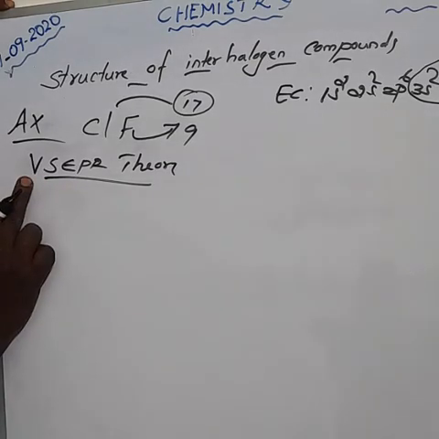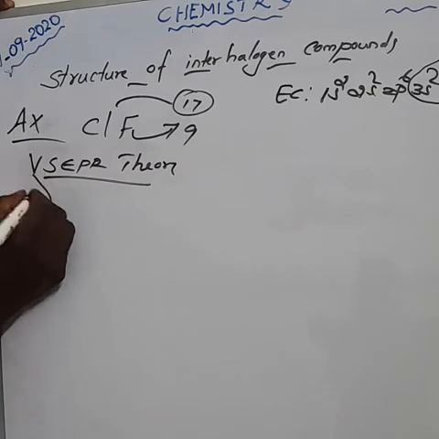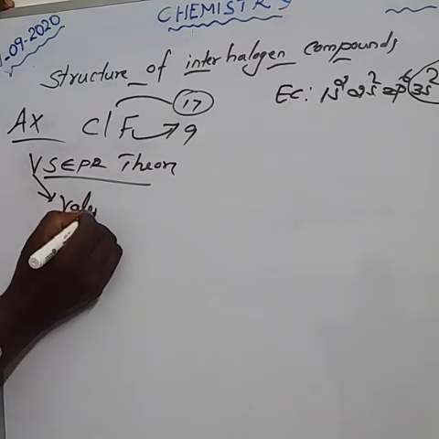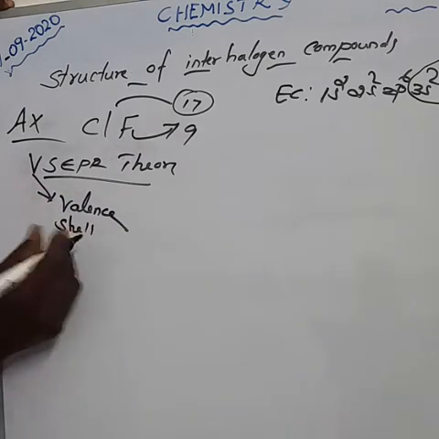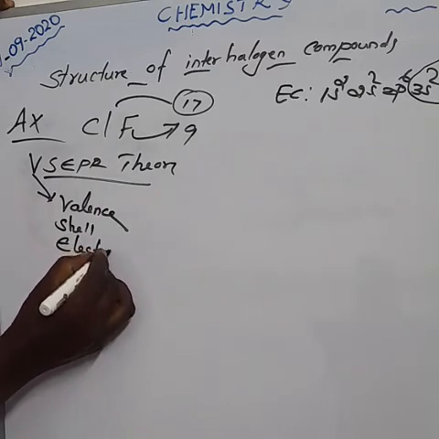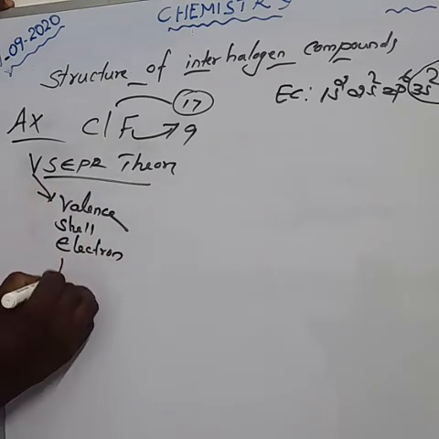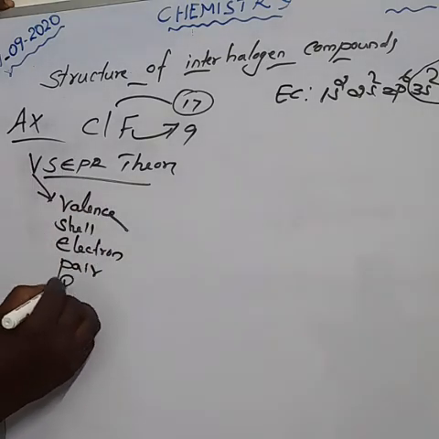V refers to valence, S refers to shell, E refers to electron, P refers to pair, and R refers to repulsion.